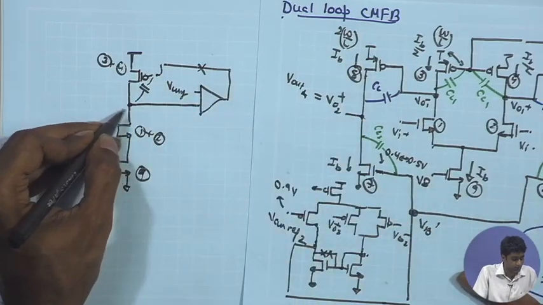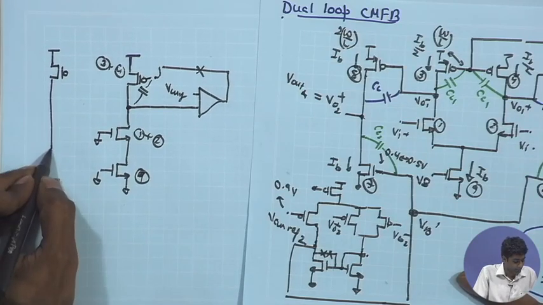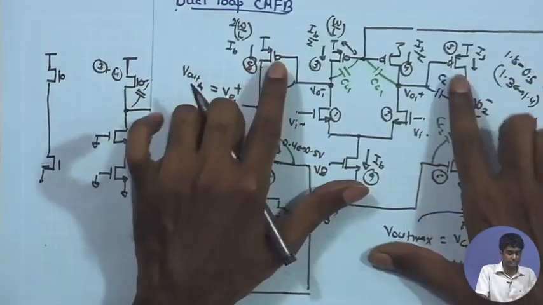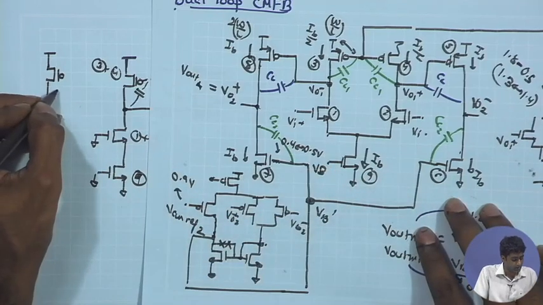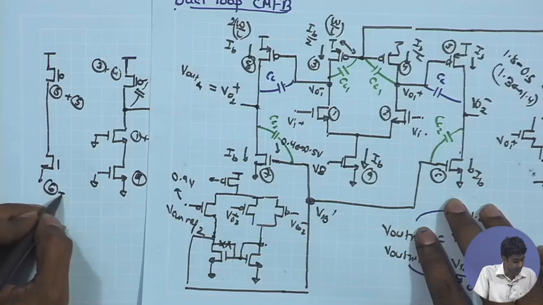If I draw the common mode half circle for the second stage, I can once again club these transistors like M8 and M5. On both sides I can join M8 and M5, and M7 and M6. So I can call it 8 plus 5, and here 6 plus 7.